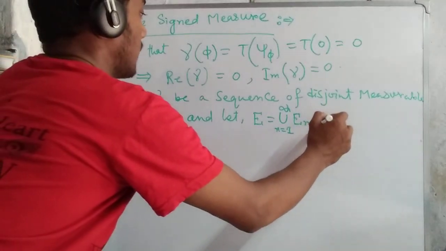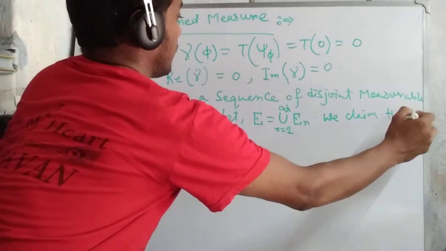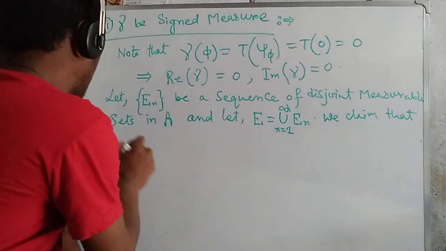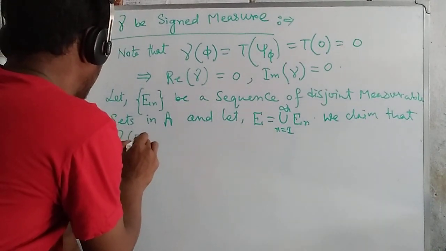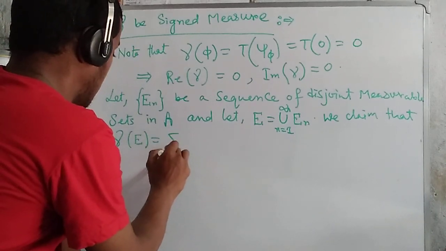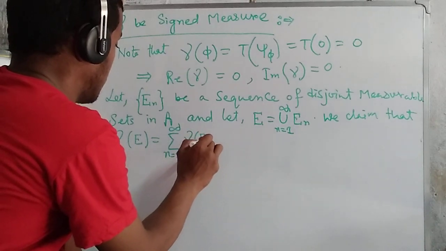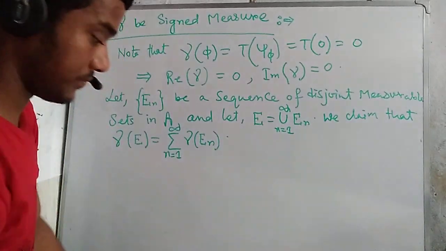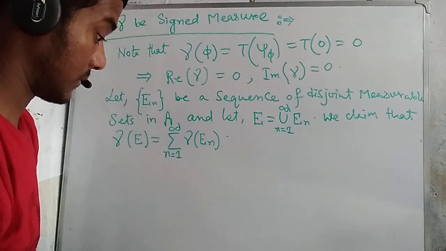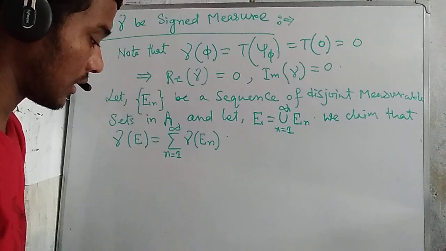Then we claim that gamma(E) equals the summation from n equals 1 to infinity of gamma(E_n). Now we're going to go on to further discussion of that.